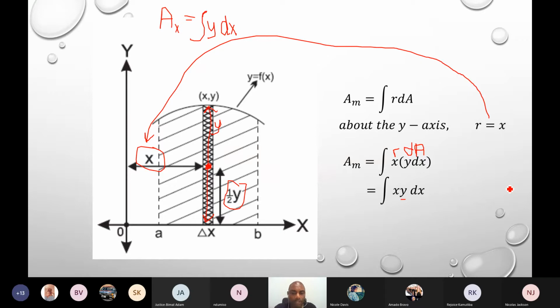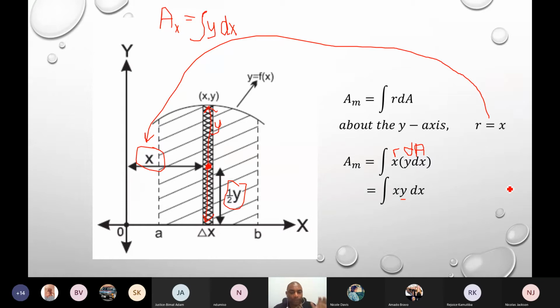So just try and understand it the way I explained it. Obviously, I know you guys should be writing notes. Write down what I'm saying. Although it's a virtual, online class, you still have to write down notes.